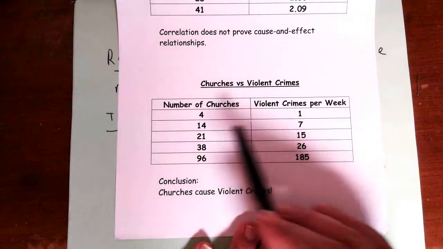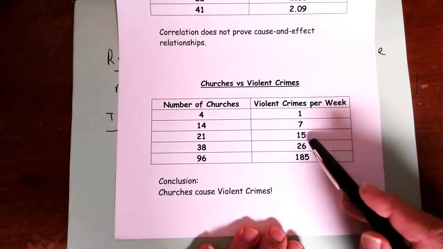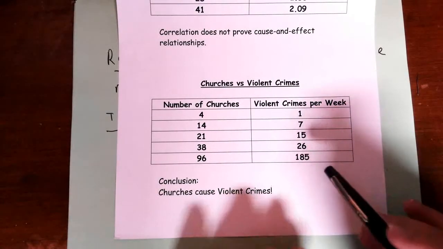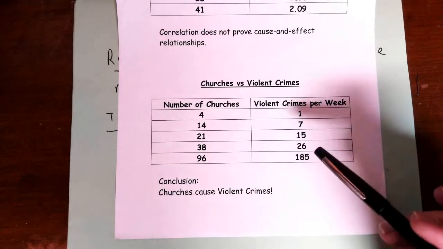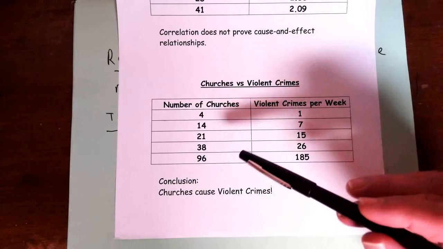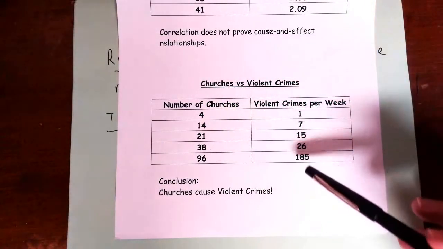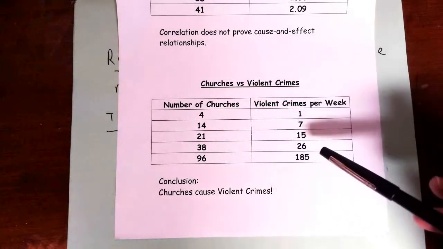And what they notice is, as the number of churches increase, the number of violent crimes also goes up. So there's a positive correlation. So this is a negative correlation. This is a positive correlation, and that means as one increases, the other one also increases. They go together. They go up together.